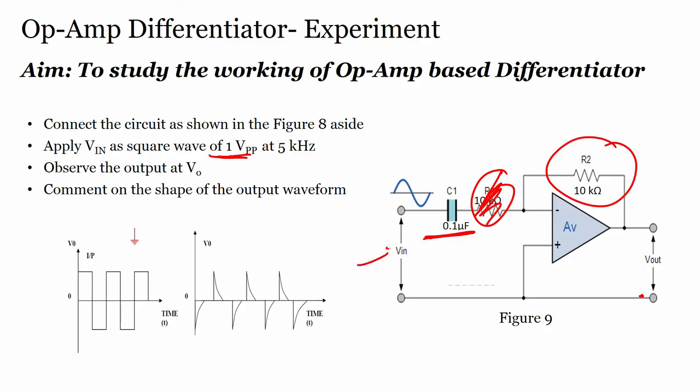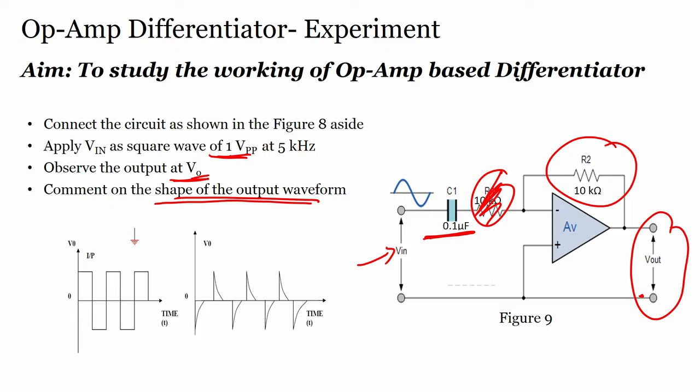So, if I apply 1 volt at the input here and I want to measure the output voltage VO, then I will have to comment on the output waveform. That means, if I apply a square wave, as in the integrator, where we applied a square wave, in the differentiator also we are applying a square wave and looking at the output voltage and the shape of the signal.